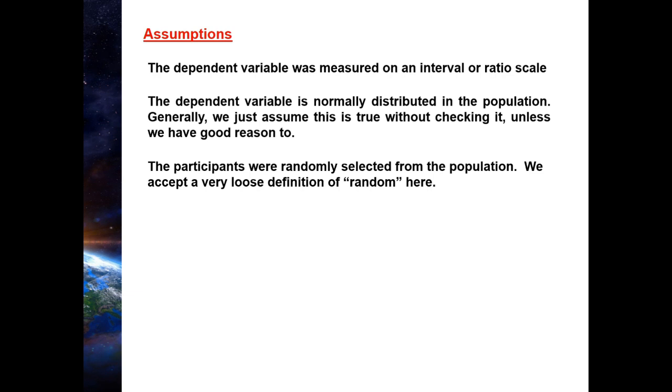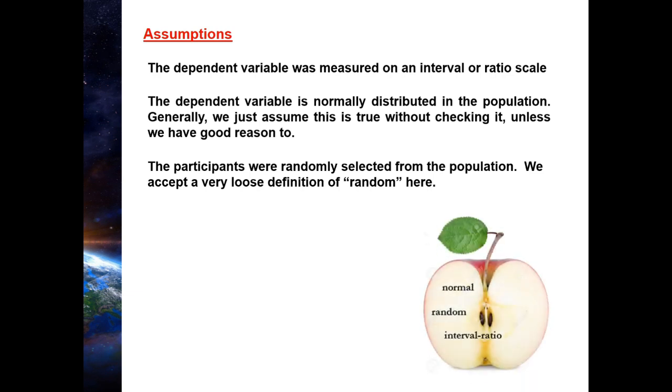This little mnemonic will hopefully help you remember the three assumptions in the core. Remember, these are just meant to trigger your full recollection of the complete definitions. If you think of the apple core: normal, random, interval, ratio, that should hopefully trigger your memory for these definitions.